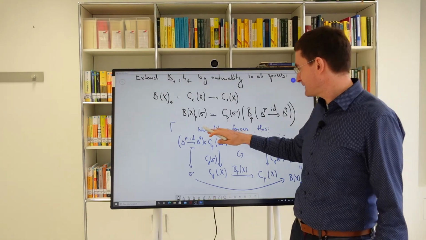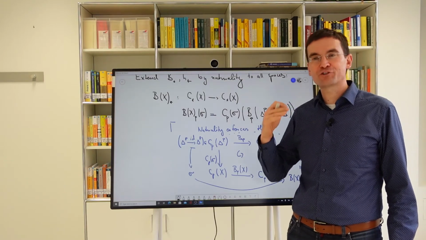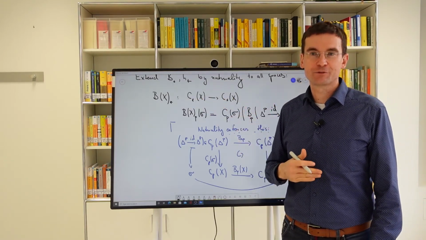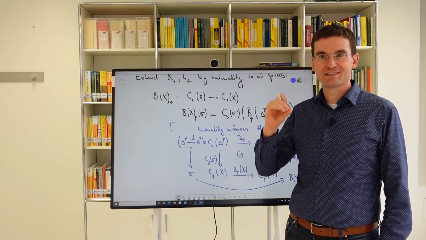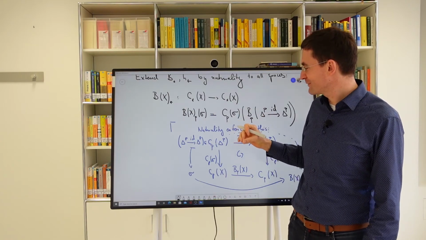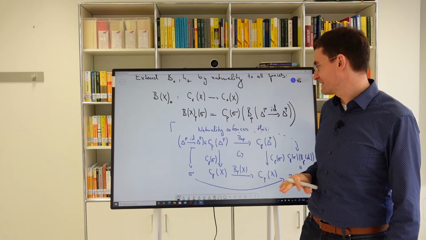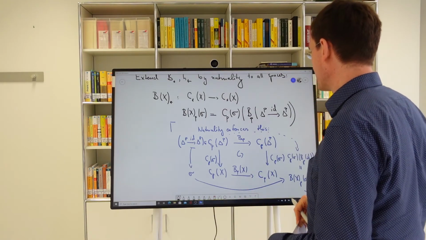I only explained now why naturality enforces that definition. You still have to check that what you end up with is really a natural construction, so it's really a natural transformation. That's almost clear, but it's not what I formally prove. I just looked at what is enforced.